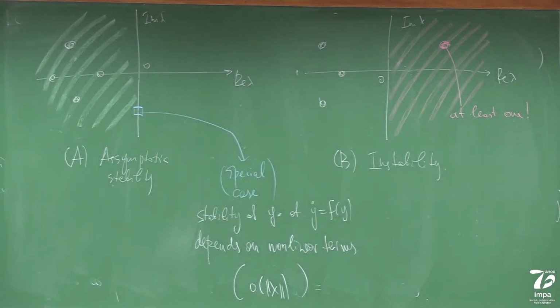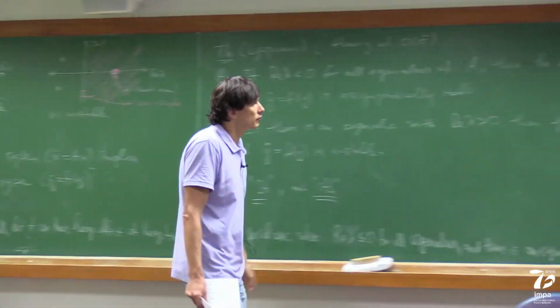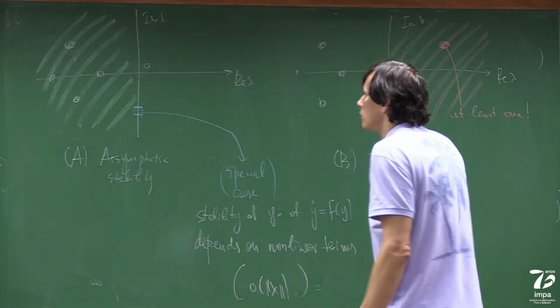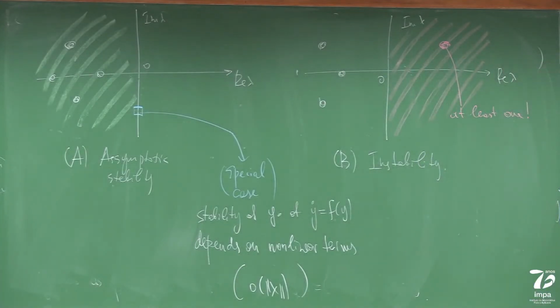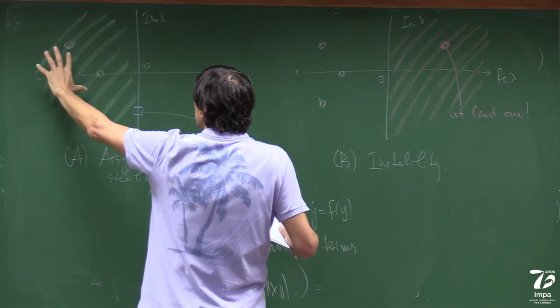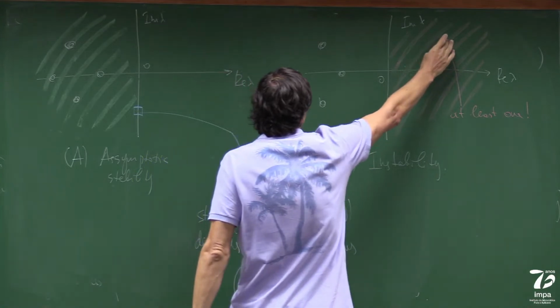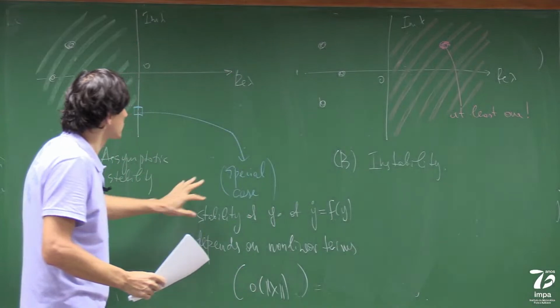There is a complete picture for the linear system with complete understanding of stability, and only part of this information is important for the nonlinear system, which is the original one. We can only guarantee stability if everything is on the left-hand side. We can guarantee instability if at least one is on the right-hand side. And if some of them are on the imaginary axis, we have a special case.